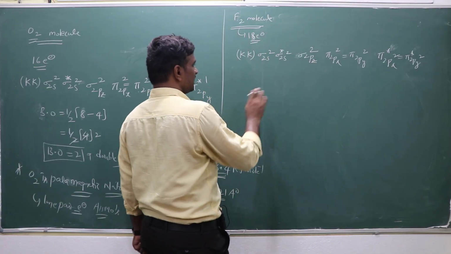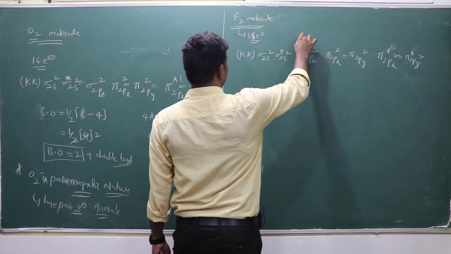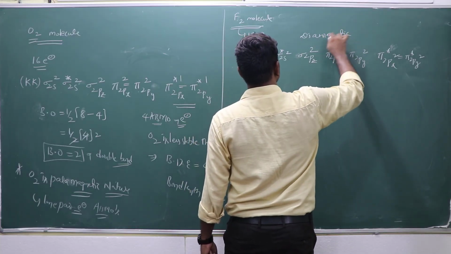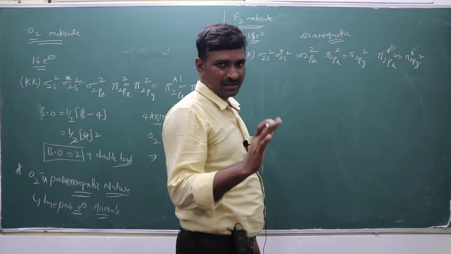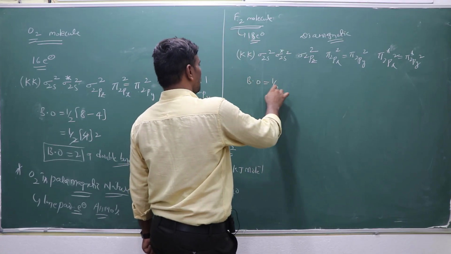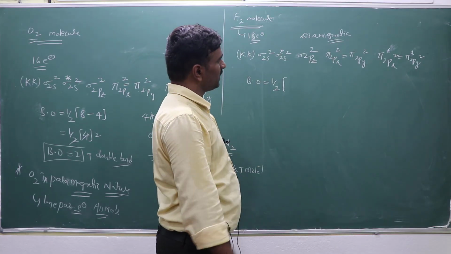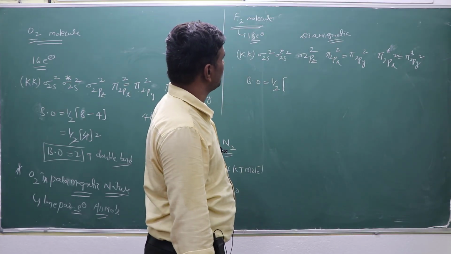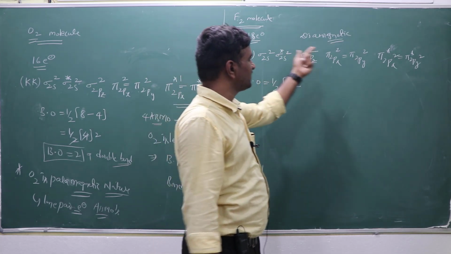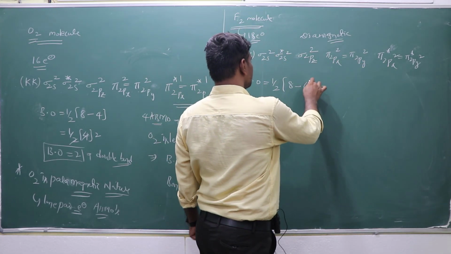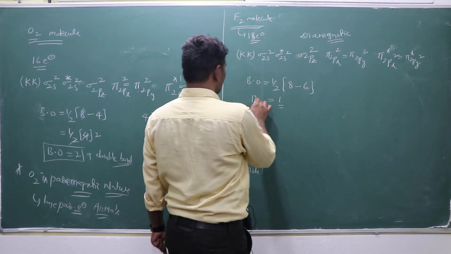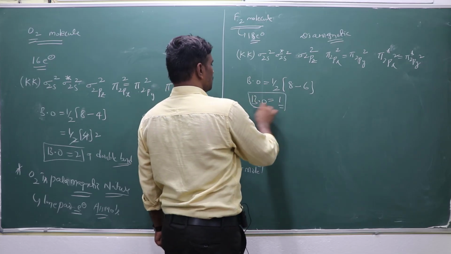So it is considered diamagnetic. There are no unpaired electrons. Now the bond order is how much? Half into bonding 8, and how many anti-bonding? 6. So 2 by 2, the bond order is 1.